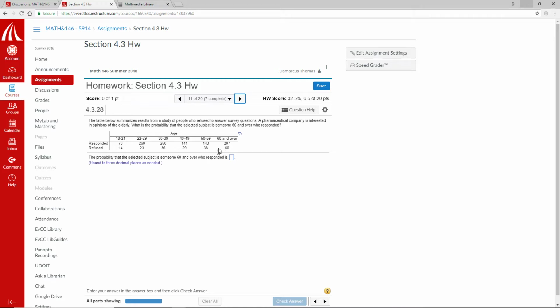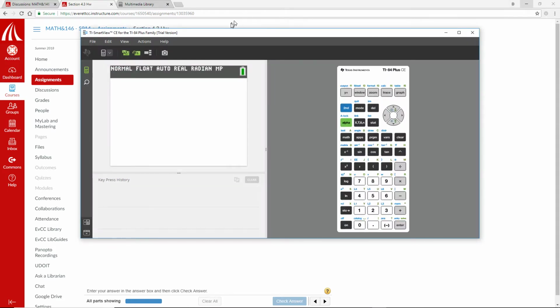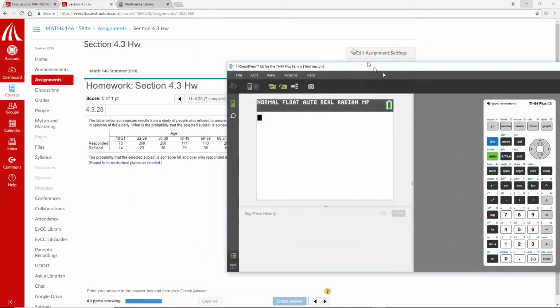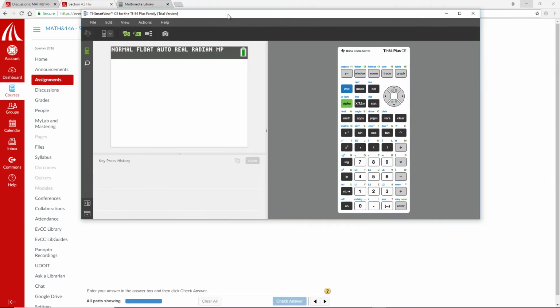All I'd have to do to calculate the probability out of this whole group that someone responded that's 60 and above will be 207 over the total amount of people. I don't know what the total amount of people are, but I can calculate it out.